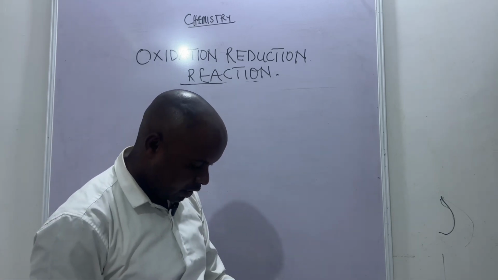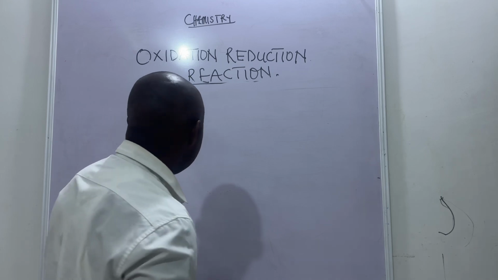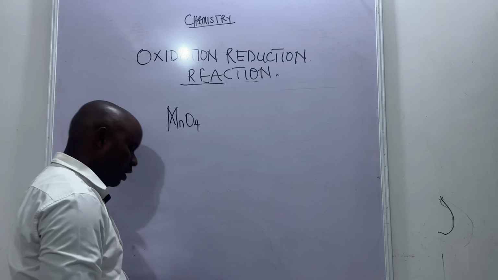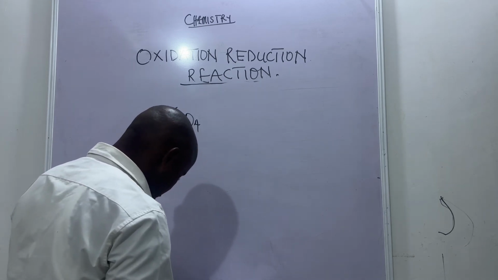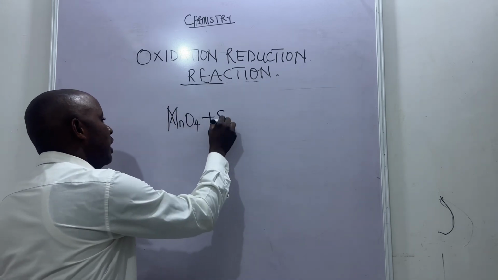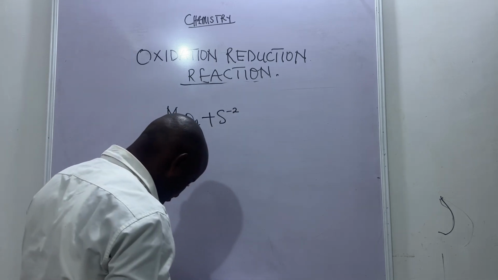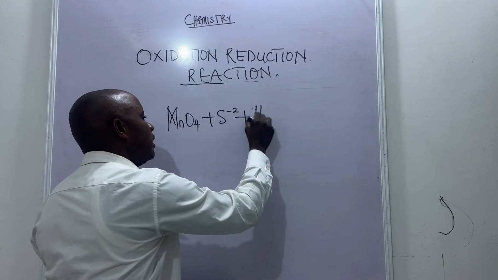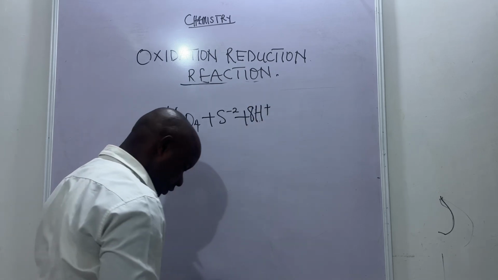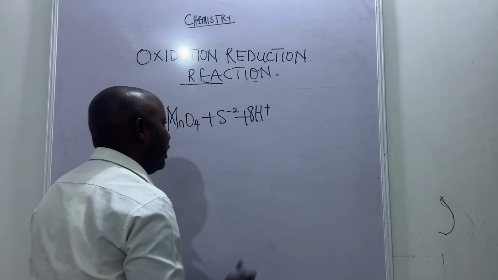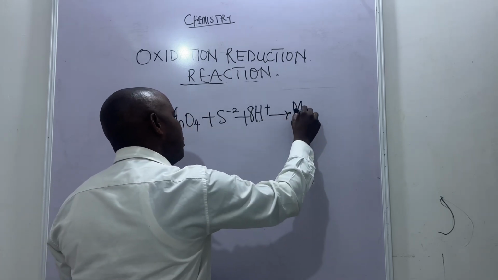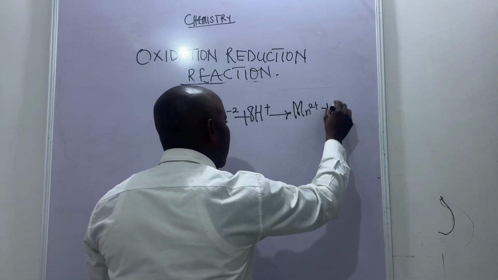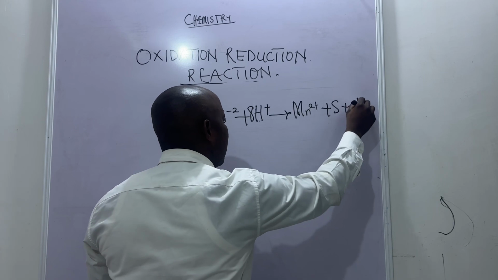One of them said, let's have MnO4 minus plus S2 minus plus 8 hydrogen ions to give manganese 2 plus, S plus 4 moles of water.